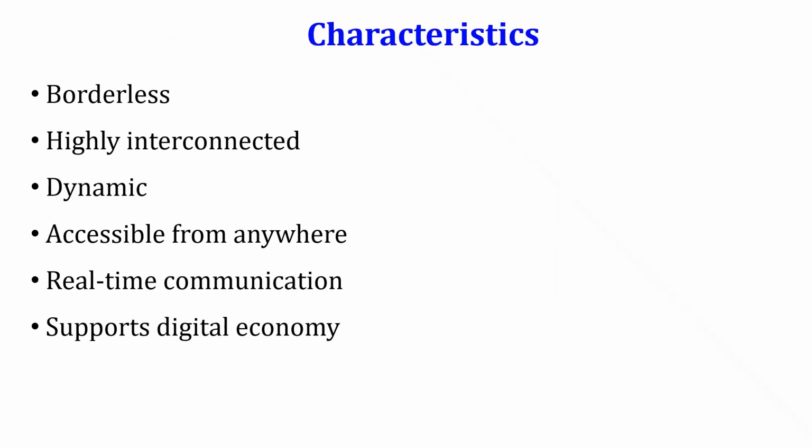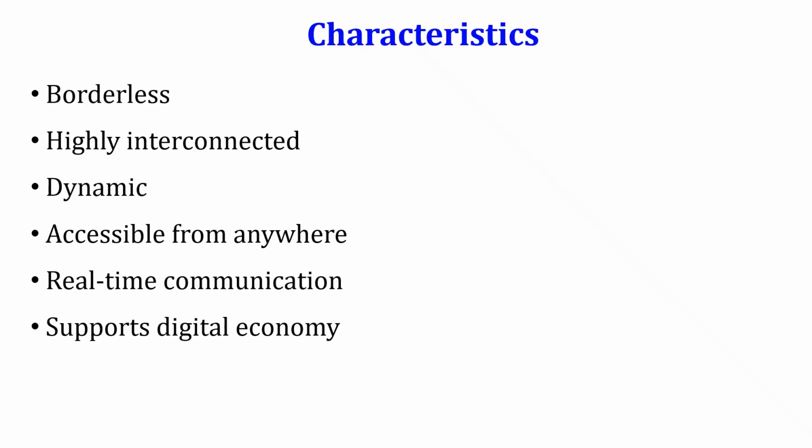So what are all the basic characteristics that cyberspace can offer? It is beyond boundaries, though we don't have any geographic boundaries. So across the globe, anyone can access sitting anywhere across the globe. Highly interconnected and dynamic. Why we call it as interconnected is like we can speak to anyone across the globe.